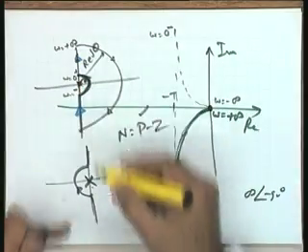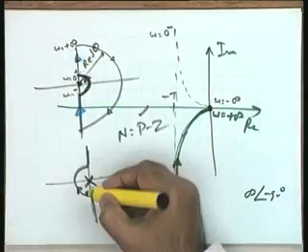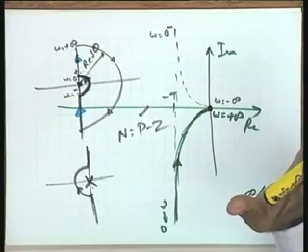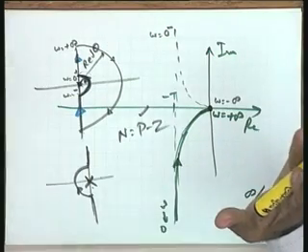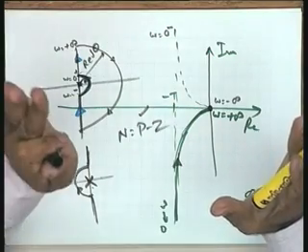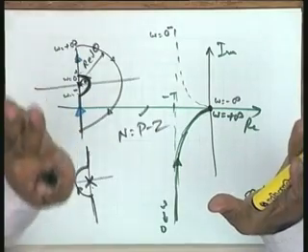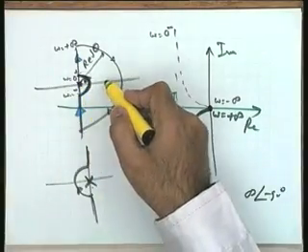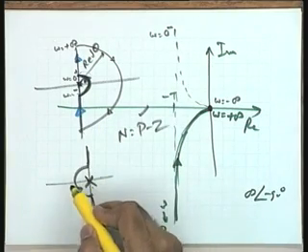So detouring this pole this way or this way will lead to exactly identical results as far as the closed loop stability is concerned. The only thing is that the stability criterion will have to be applied with caution. In this case, the pole will not be included in this region, while in this case it is included.